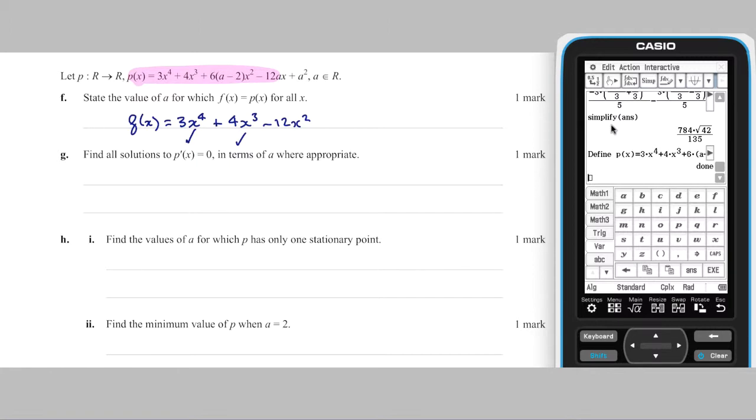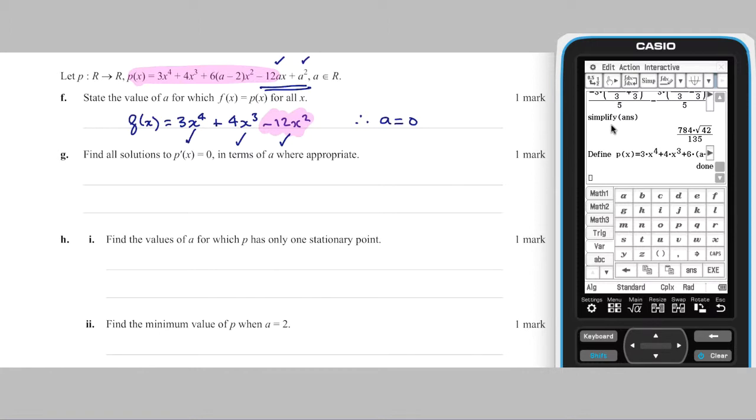So our question really revolves around the minus 12x squared term and also the terms minus 12ax and a squared in the function p of x. Looking at these expressions, we can see that a value of a equals 0 would satisfy the equality of the constant term and the linear term, and with a little checking we can see that it will also satisfy the minus 12x squared term. So that gives us our value for a.